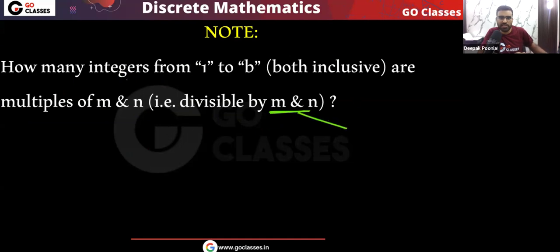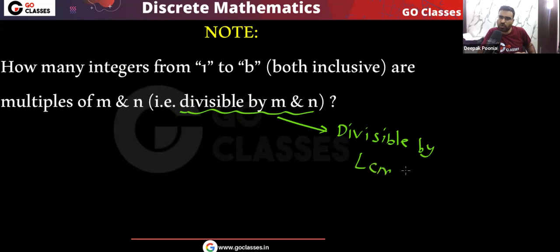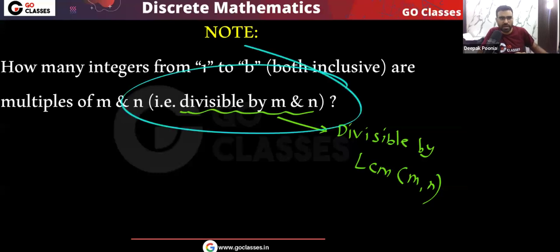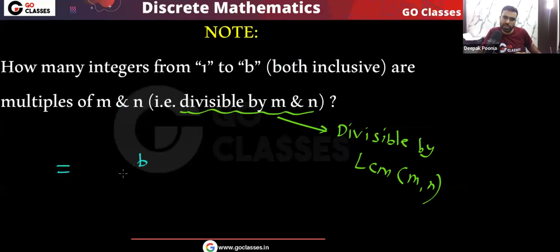Here, divisible by m and n simply means divisible by LCM of m comma n. So how many integers from 1 to b are divisible by m and n? That will be equal to b divided by LCM of m comma n floor.